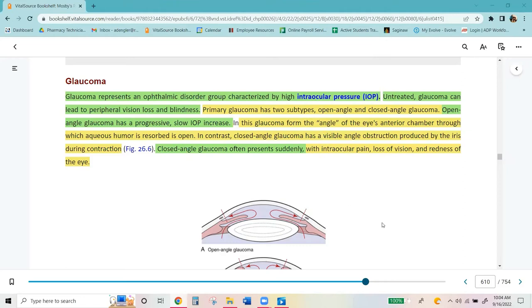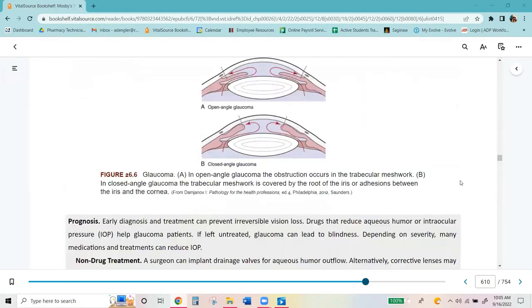In this glaucoma form, the angle of the eye's anterior chamber through which aqueous humor is reabsorbed is open. In contrast, closed angle glaucoma has a visual angle obstruction produced by the iris during contraction. Closed angle glaucoma often presents suddenly with intraocular pain, loss of vision, and redness of the eye.